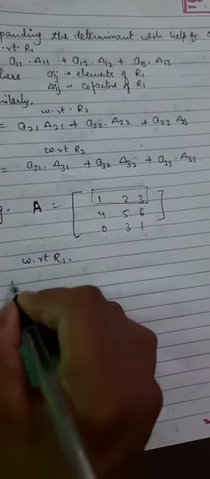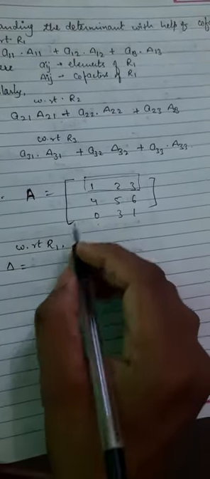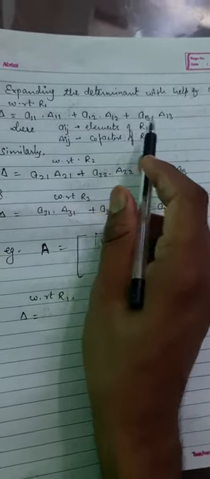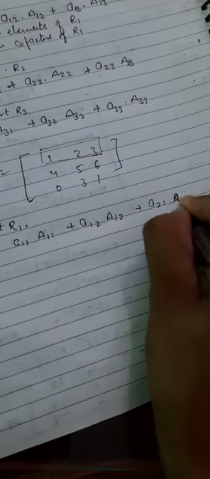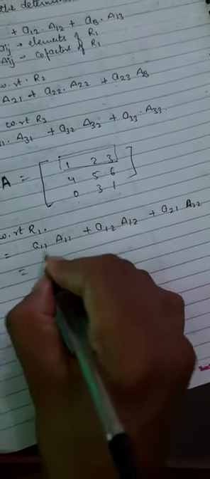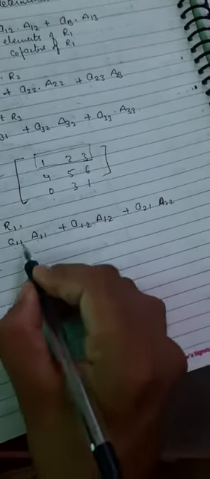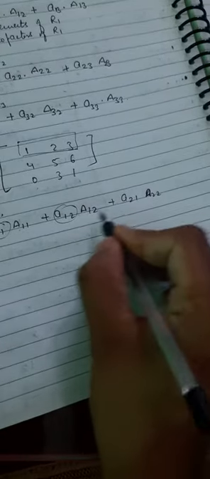So how to expand? Delta equals, row 1, the formula you can see here: a11, a12 and a13 we will take. So a11 A11, a12 A12, a13 A13. Here the element we will multiply by its cofactor. The elements are 1, 2, 3.